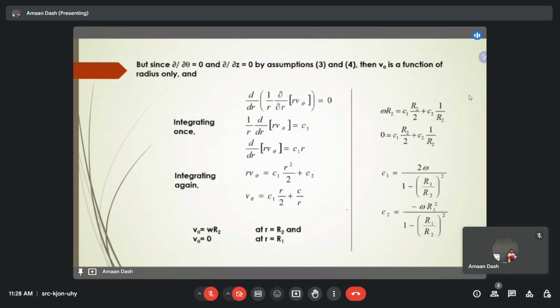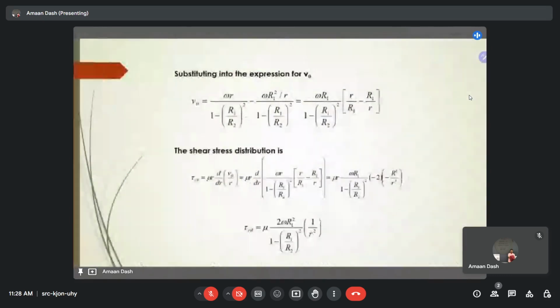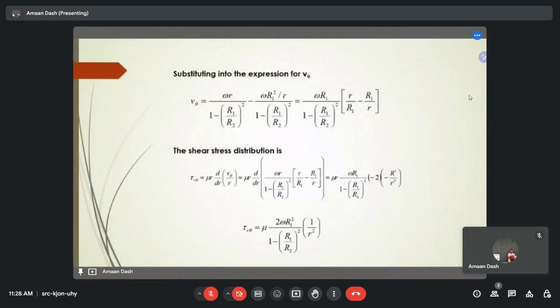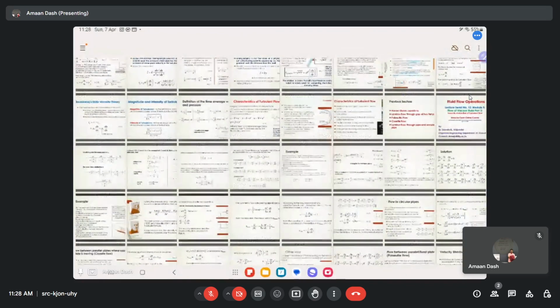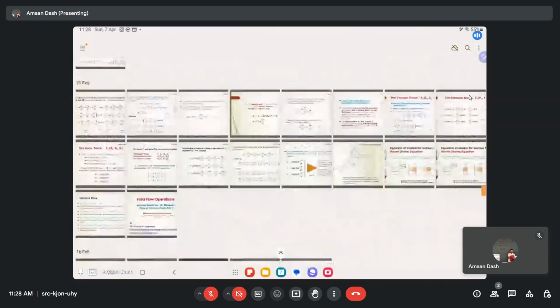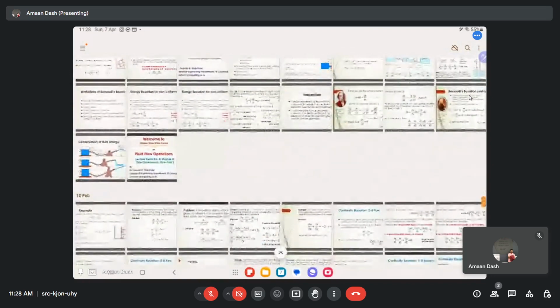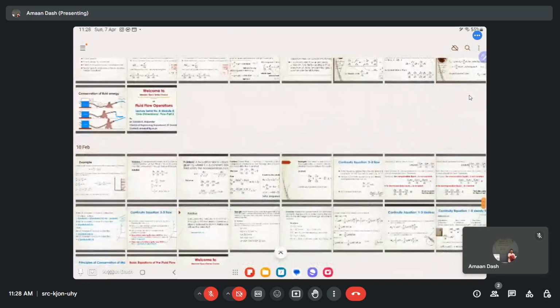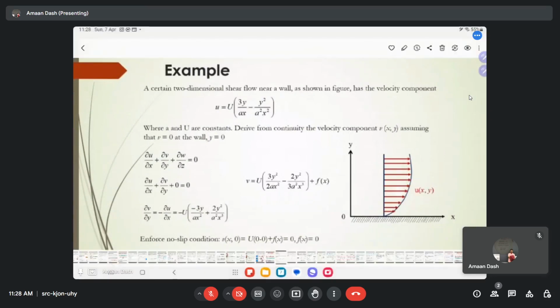And these are the boundary conditions which you can put to finally find c1 and c2. And then you can substitute these values to get this expression for tau r theta. So this is something that we have already done. So let me take another question. Let's try this. So try this and then we discuss.